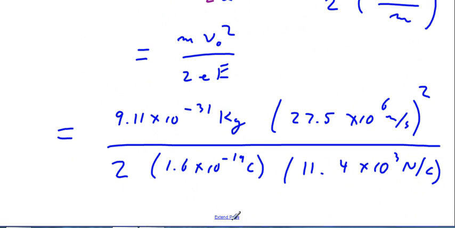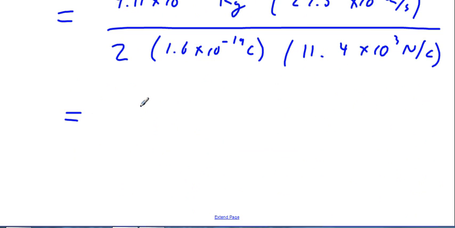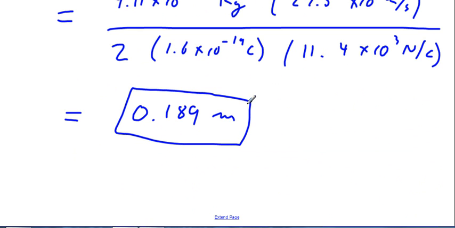And I put those numbers in my calculator and I end up with 0.189 meters is as far as he's going to go. And then I ask myself, so how many significant digits do you think we have? We have 3 significant digits, so I would stay with that particular answer.